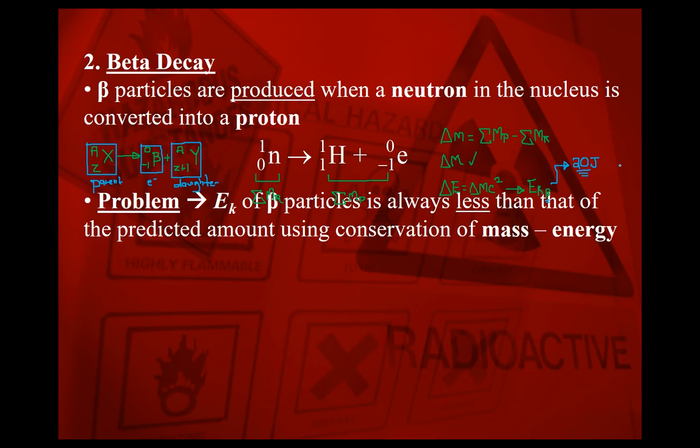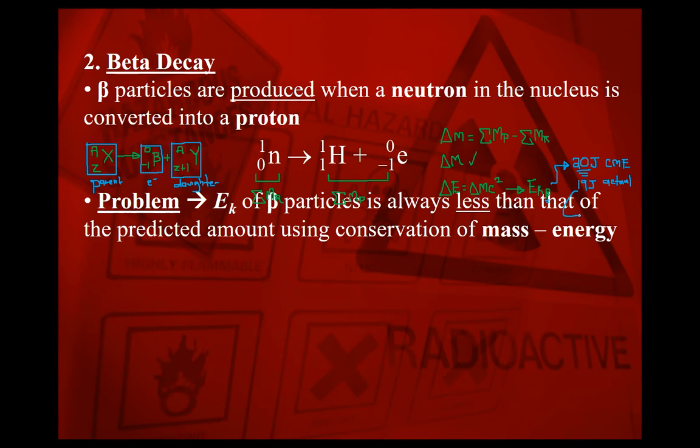There's no way this number is this big, I'm just making up a fake number. So conservation of mass energy tells me the beta particle should have that amount of kinetic energy. However, when we actually determine this, the beta particle only has 19 joules.